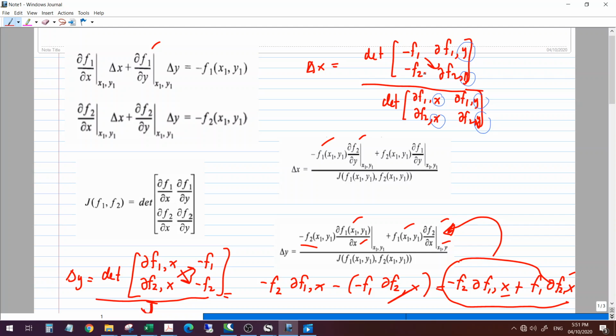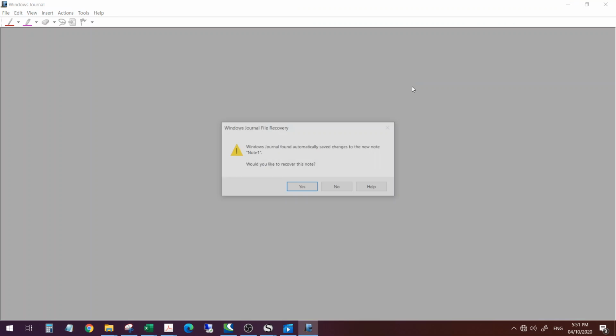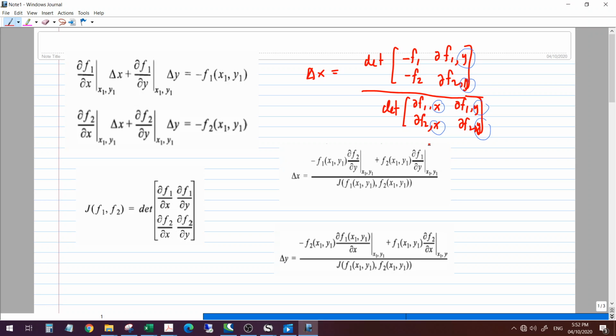Since this is minus and this is negative, it retains positive. So it becomes negative f1 df2 with respect to y plus f2 df1 with respect to y.